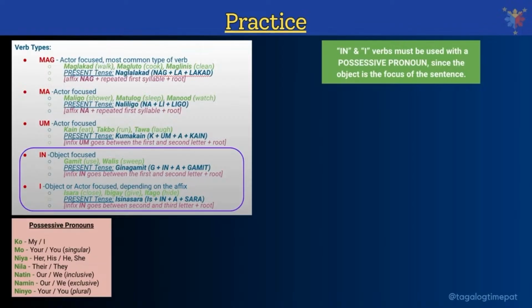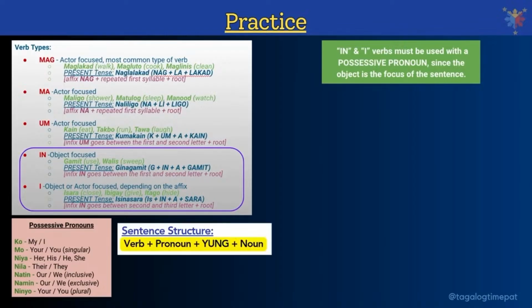But when you're using it in a sentence with an object-focused verb, then it takes on the translation of I, you, he or she. So now this is the sentence structure we will be using when we use an in or e verb. Verb plus pronoun, like we were just doing. Then it's the word yung, and then it's the noun.